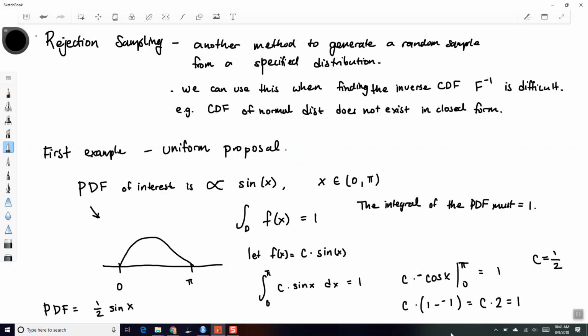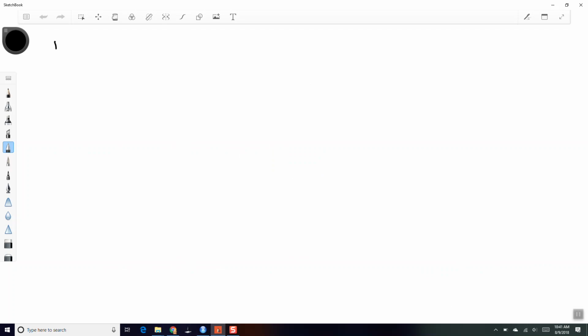So if the PDF is 1/2 sine x going from 0 to pi, then that works, because the whole thing now integrates to 1. So here we've got a PDF, f of x is equal to 1/2 sine x. This is our target distribution.